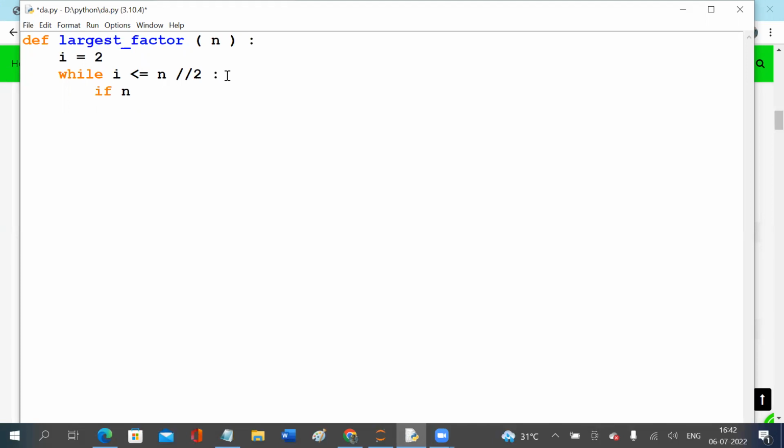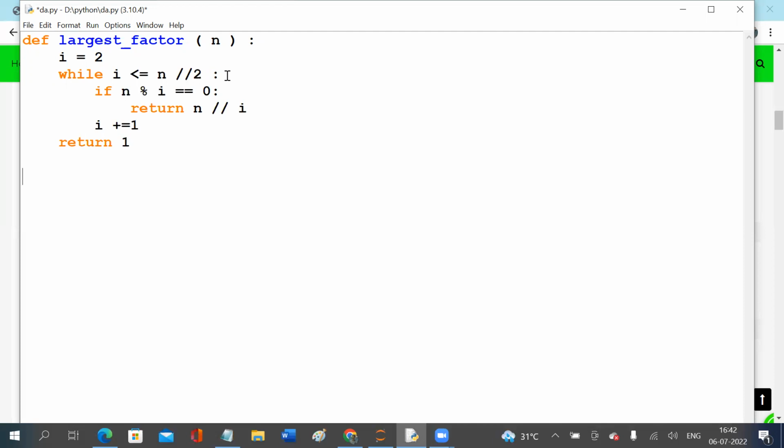If n modulus i equal to 0, then the largest factor is n by i. If that is not the case, try with the next i. If you don't get anything, then 1 is the factor. This is the logic for the largest factor.